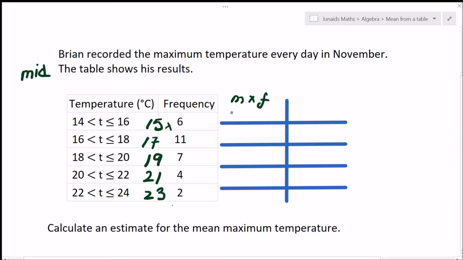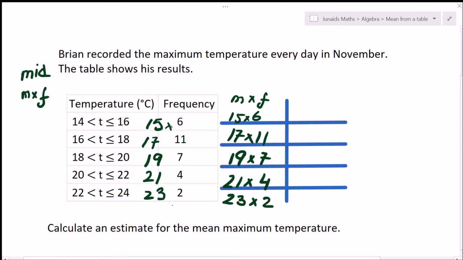And just to write it down here, we'll just copy this thing. 15 times 6, 17 times 11, 19 times 7, and then 21 times 4, 23 times 2. Okay, so our next step, as you have seen, is to multiply the midpoint with the frequency, just both of them.